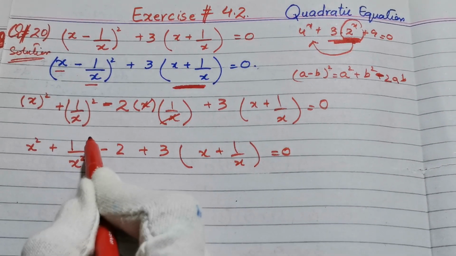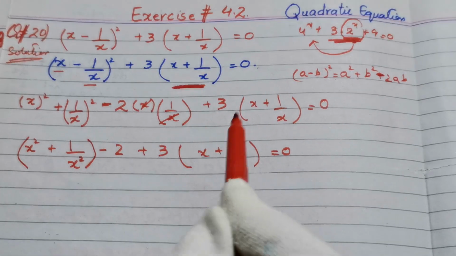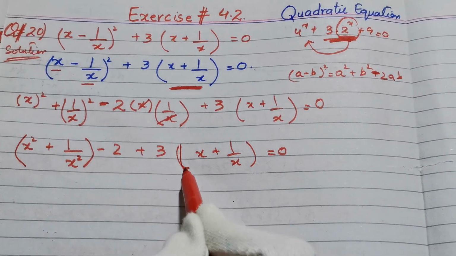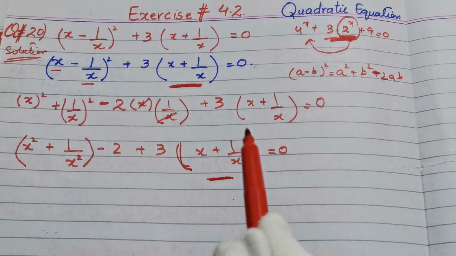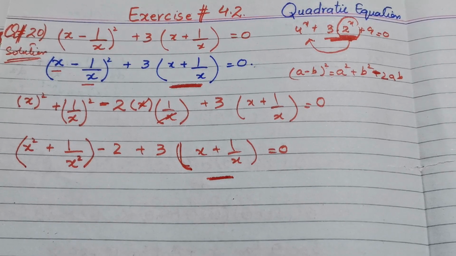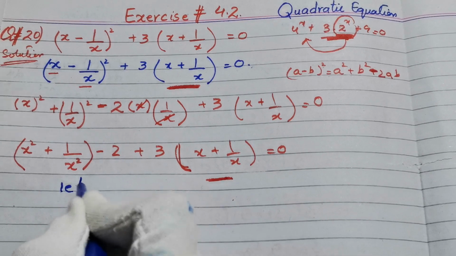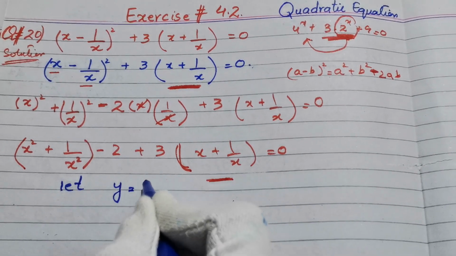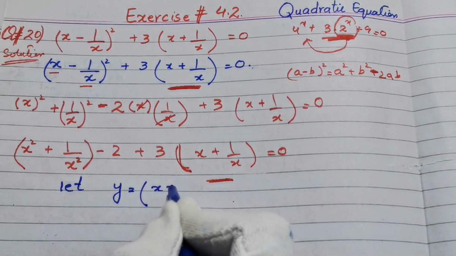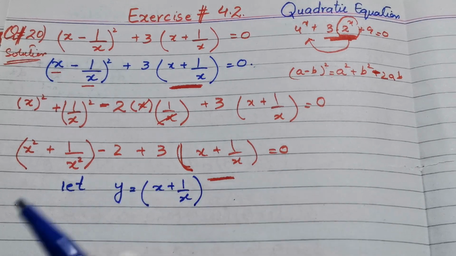Now we will put brackets. I told you earlier that we will utilize this term. So first of all, we suppose this term, let y is equal to x plus 1 by x.